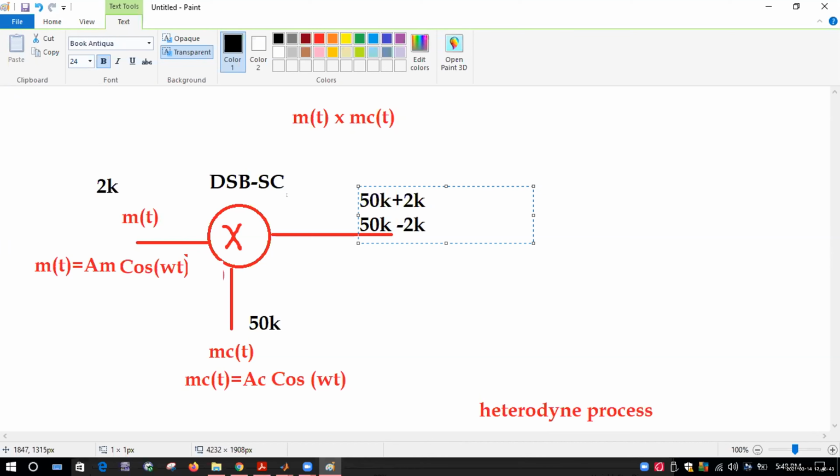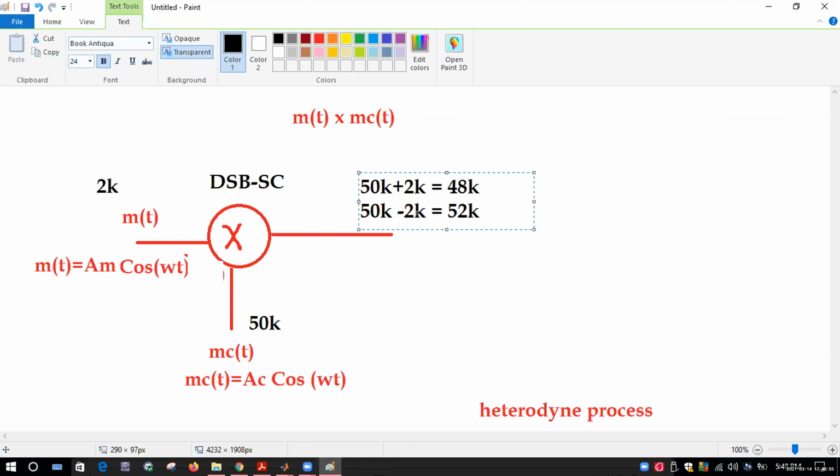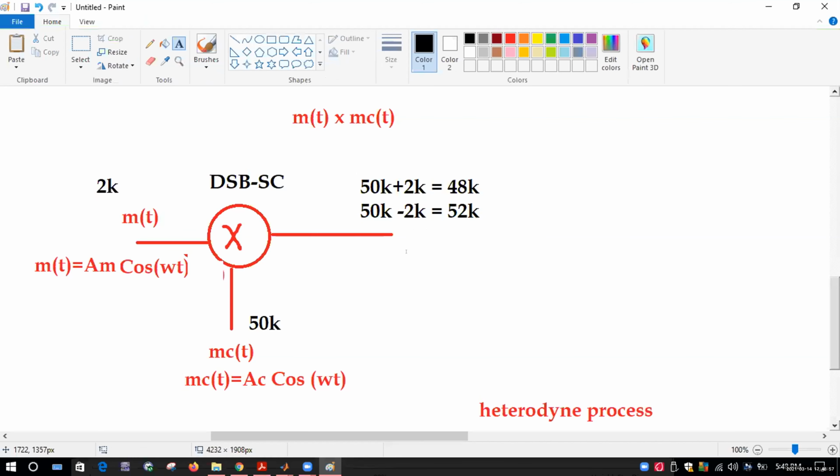This is for double sideband suppressed carrier. Suppressed carrier means there is no carrier. You will get only two sidebands, one is 48K and the other 52K. There is no 50 kilohertz.